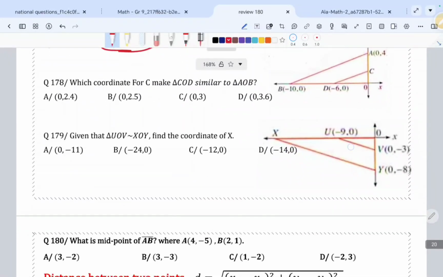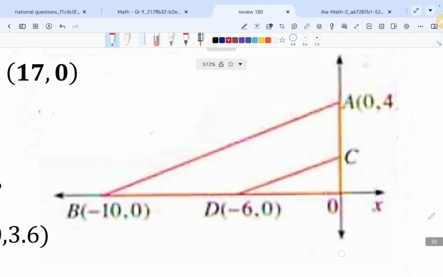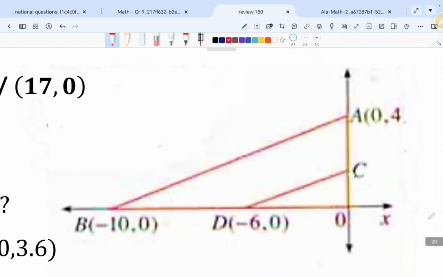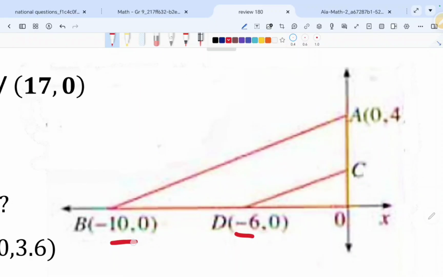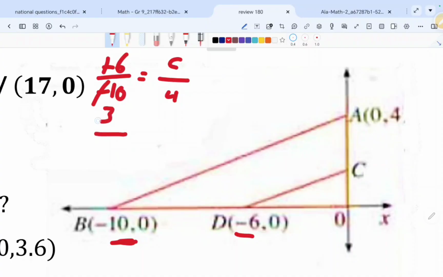For this one, dilation, how can we find it? We will say negative 6 out of negative 10. Okay? Negative 6 out of negative 10 is equal to c out of 4. Negative and negative, they cancel each other. We're going to simplify. It will be 3 out of 5 is equal to c out of 4.